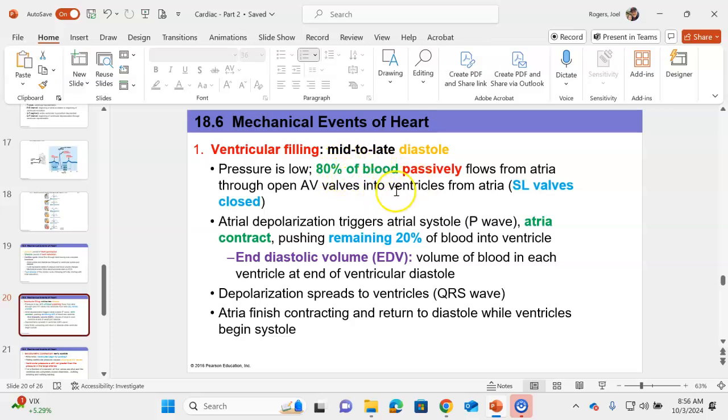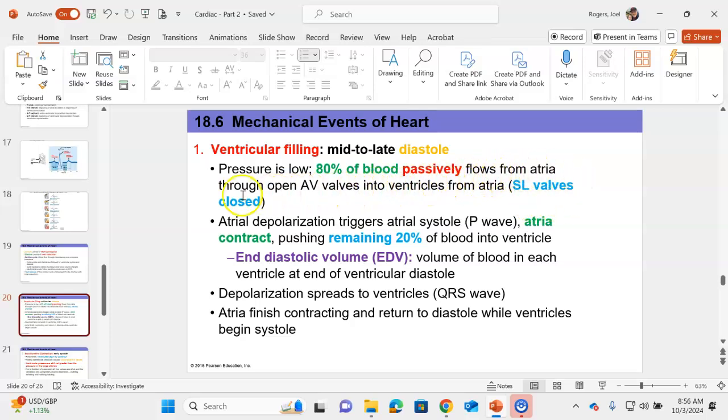So the ventricles fill up with 80% of their total capacity of blood. So again, the blood is coming back through the venous system on the right side and the pulmonary veins on the left side, coming into the atria and then moving right on into the ventricles. And remember, the ventricles are able to fill up to about 80% of their capacity because the semilunar valves are shut.